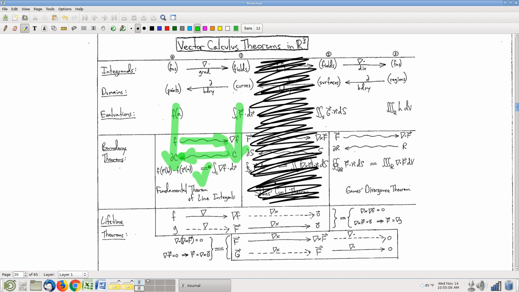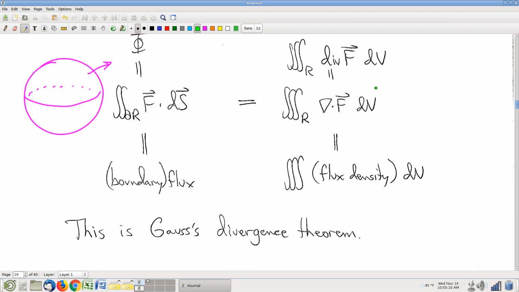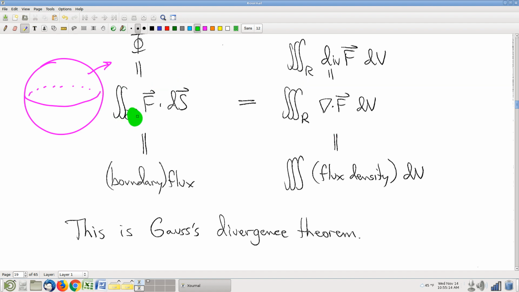Okay, Gauss's divergence theorem. Let's just look again. Here's our Gauss's divergence theorem. Let's think through what this is saying. Notice the flux is being done on the boundary surface. The triple integral is of the divergence of the original field.